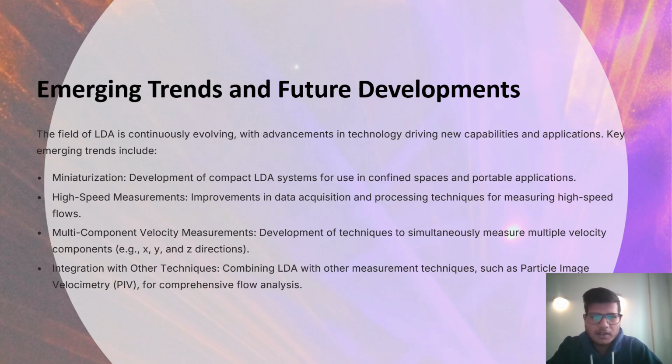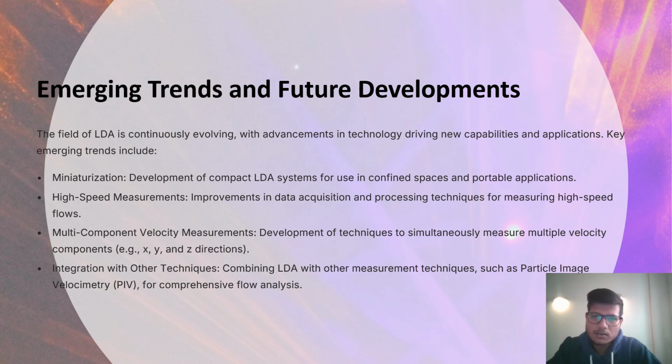Some emerging trends and future developments. It is continuously evolving with advancements in technology. The key areas are miniaturization, high-speed measurements, multi-component velocity measurements, and integration with other techniques. Miniaturization develops compact and portable applications, and there is improvement in data acquisition and processing techniques for measuring high speed flows.